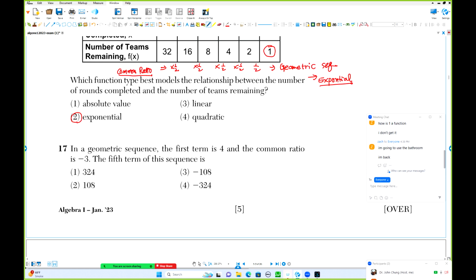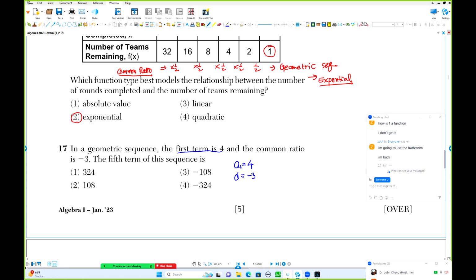All right, number 17. Oh, we got geometry right away. The first term is 4, and the common ratio is negative 3.